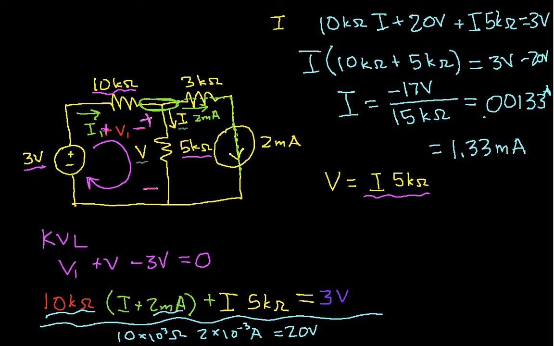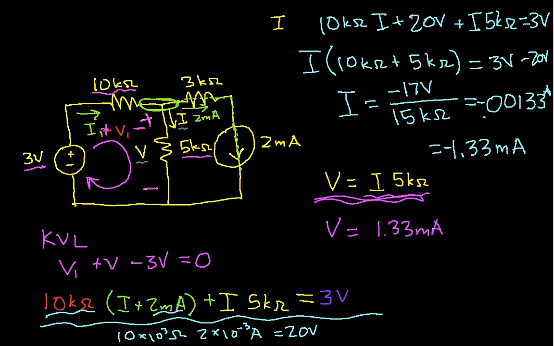Okay, so basically we've been able to solve for I. Isn't that exciting? So the only thing left to do then is to go back to this equation and solve for V. Okay, we know that V will be equal to I, which is 1.33 milliamps. Oops, this is bad. Very, very bad. I lost a negative sign there.